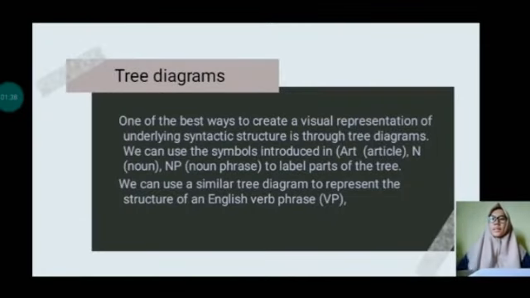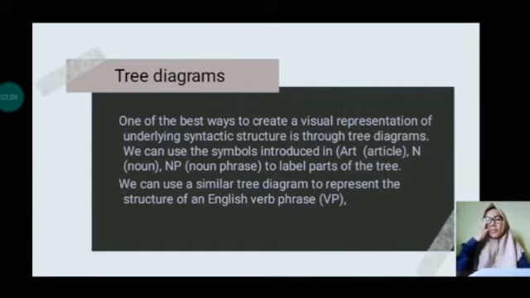And the next material is tree diagrams. Actually, phrase structure rules, lexical rules, and tree diagrams have a relationship: with phrase structure rules and lexical rules, we should draw a tree diagram.